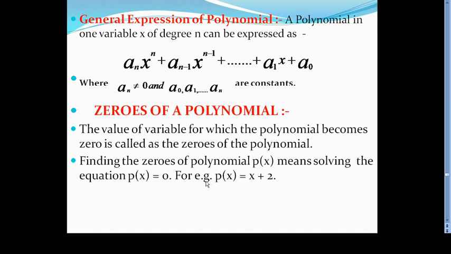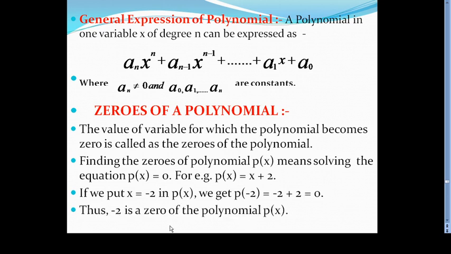Let's understand with the help of an example, p(x) equals x plus 2. So what value should be substituted in this equation so that p(x) becomes equal to 0? It is very clear that if we put x equals minus 2, then what we have, p(-2) equals minus 2 plus 2 equals 0. So what is the zero of this polynomial? Minus 2 is the zero of the polynomial p(x).